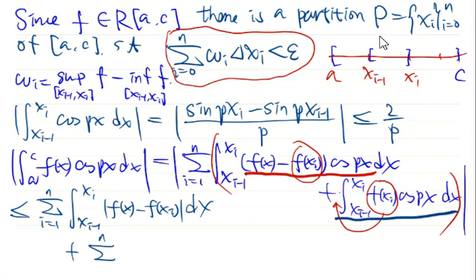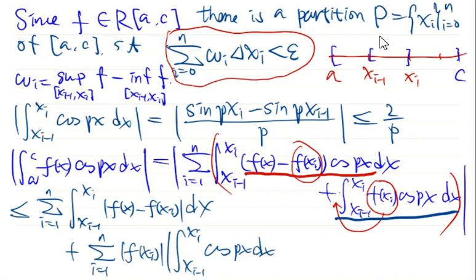The second term we already moved f(x_i) outside. So taking absolute value, this will be the sum from i equals 1 to n of |f(x_i)| times the absolute value of the integral over [x_{i-1}, x_i] of cosine px dx. Okay, so we have this inequality.